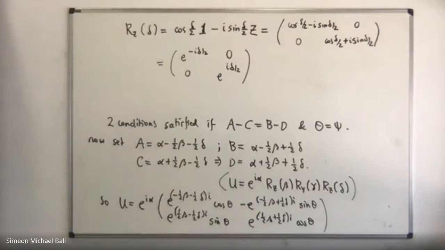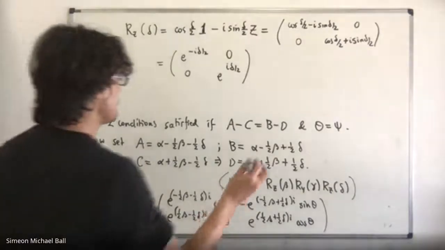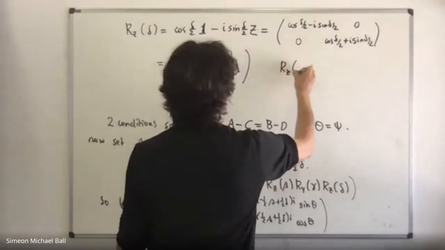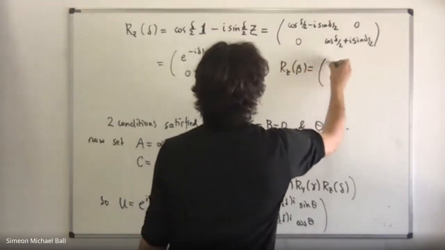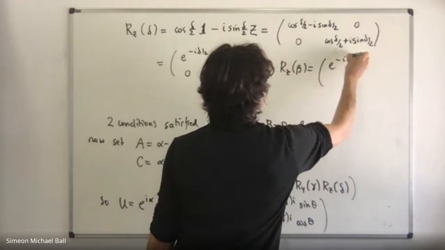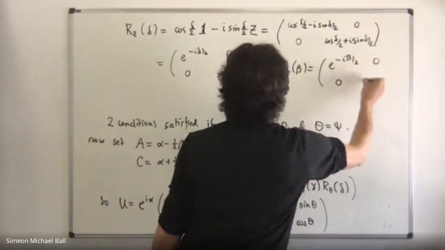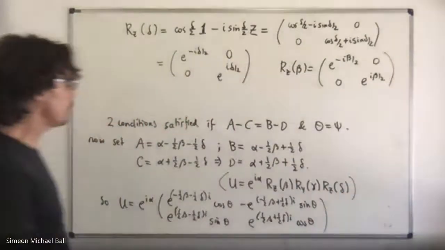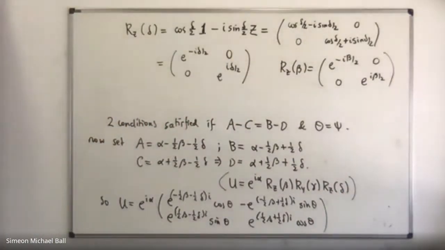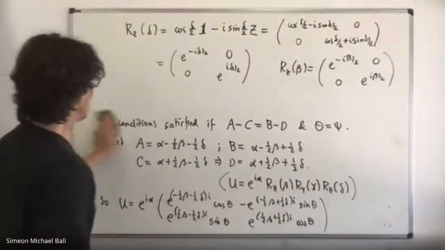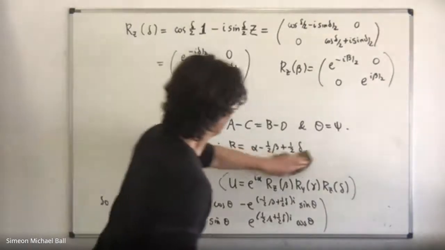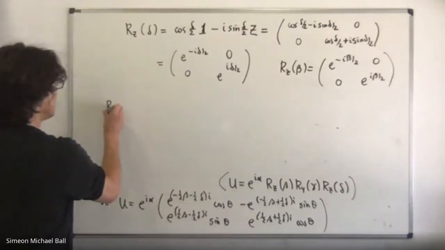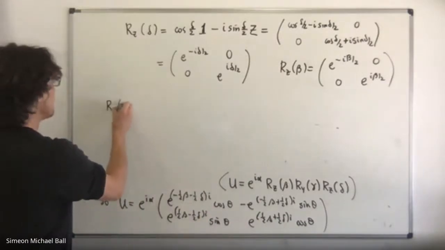Similarly, with the RZ beta, the RZ beta is basically the same, right? So that's just changing delta to the beta. I think you're almost on your way to seeing it now, right? Because once we write down Ry, now how is Ry of gamma?